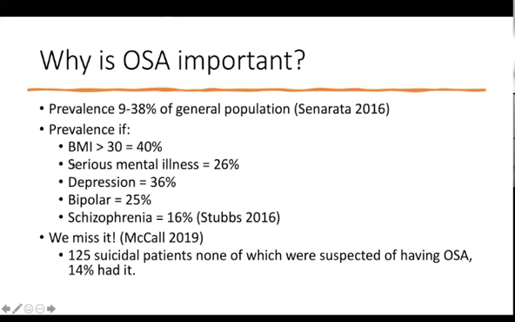I would also say there's family history involved in sleep apnea. If they have a positive family history, it's worth getting the study, because you can really change people's lives. Also, we miss it. In the McCall 2019 study, there were 125 suicidal patients. The PIs of the study, and these again are doctors, none of them suspected sleep apnea.